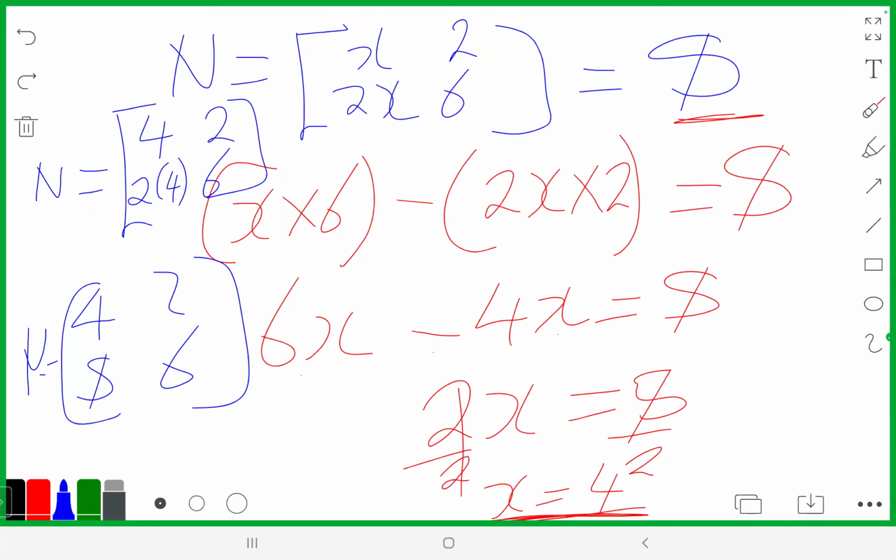Matrix N is equal to 4, 2, 8, 6, right? This is the matrix, and the determinant is 8. So N is equal to 4, 2, 8, and 6.